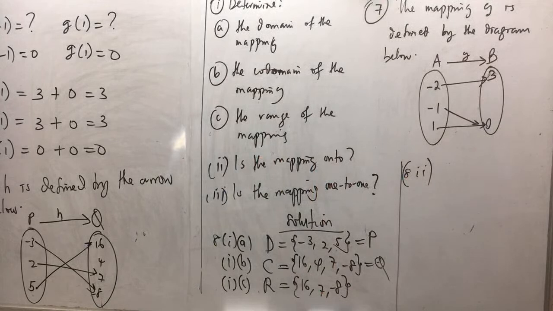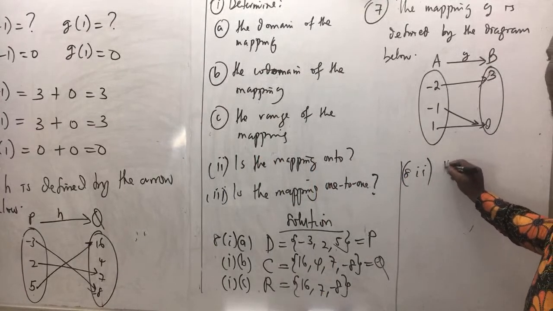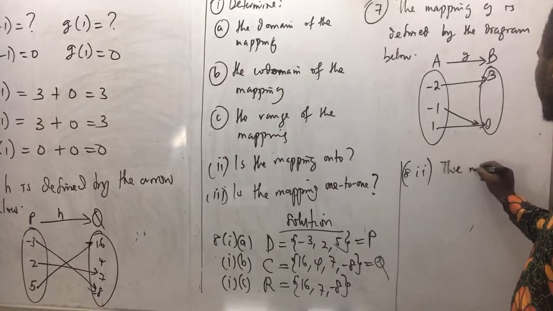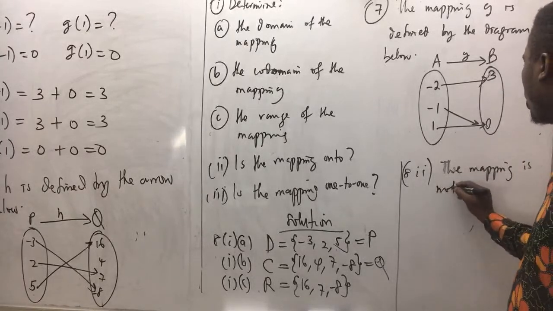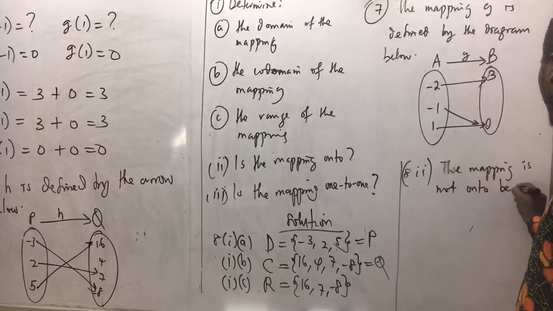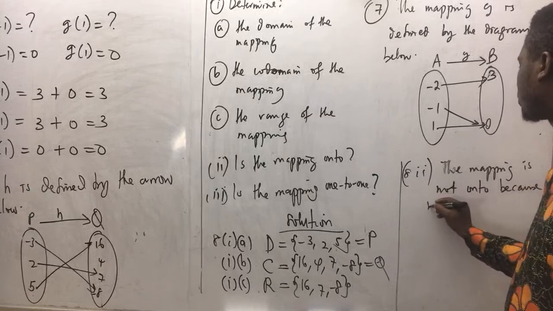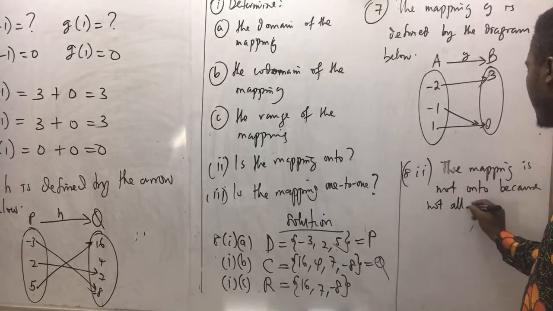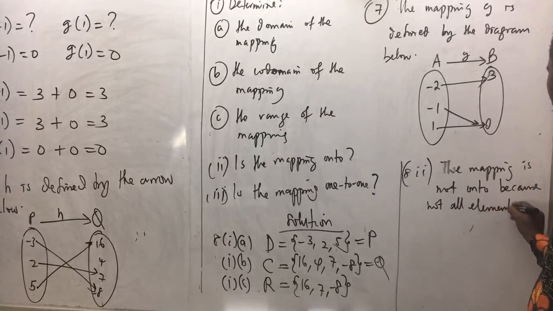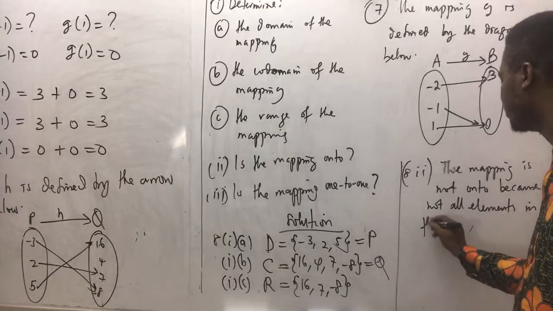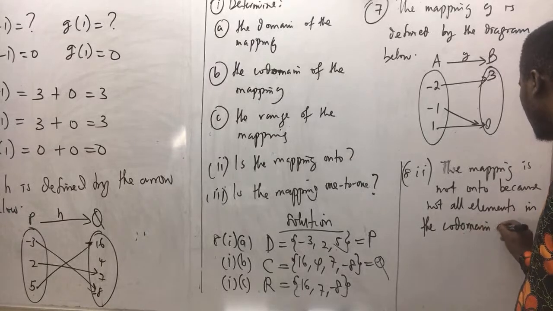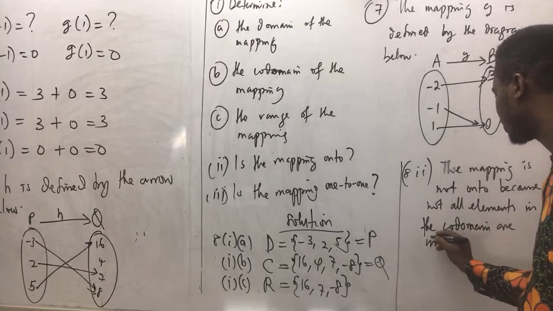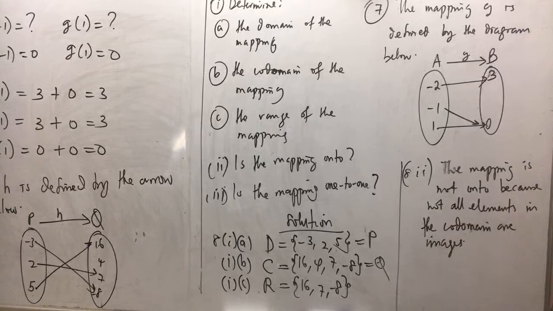Okay? Now, 8II, the mapping is clearly not onto, because not all elements in the codomain are images. Okay?